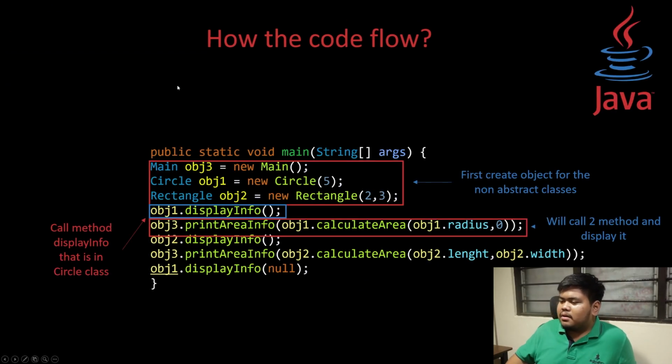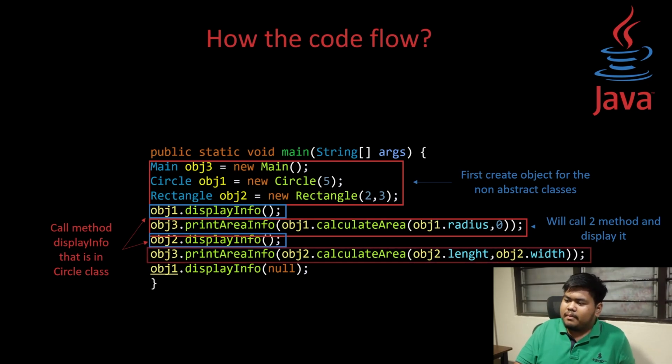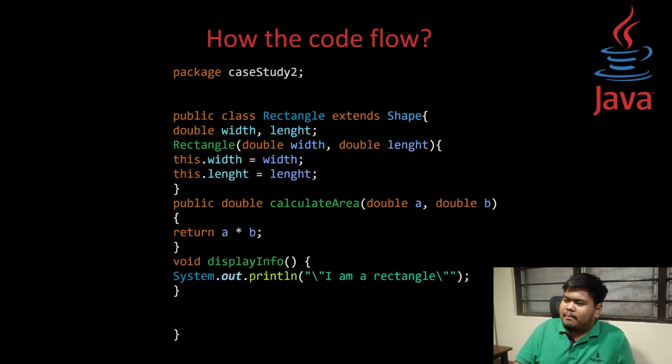Now let's move on to this one. Object2.displayInfo is basically the same as the first one, and we will call two methods, and the display is also the same as object1, which I will explain.